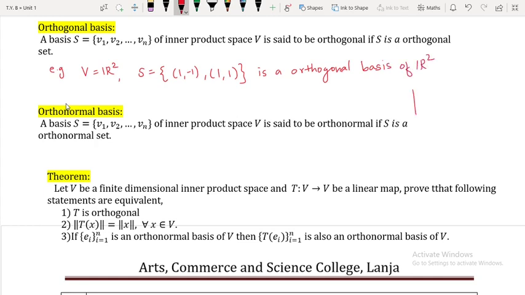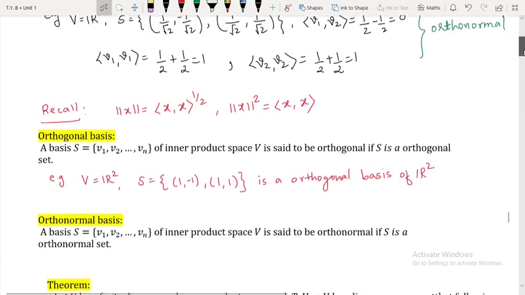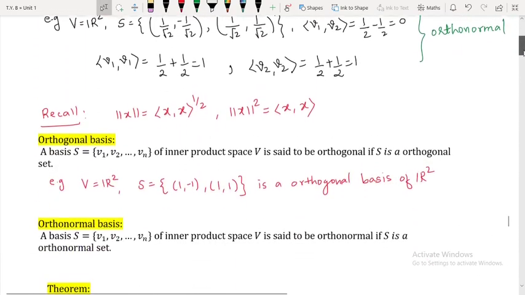Because what will be the determinant of 1, minus 1, 1 and 1? It will be 1 plus 1, which is 2, which is non-zero. Therefore this set is linearly independent, and therefore we can say it is a basis of R2, and in addition to it, this set is orthogonal also. So we have proved it using the first definition of orthogonal set.